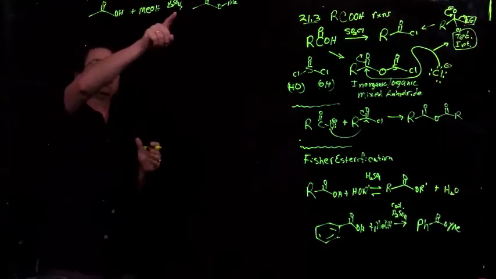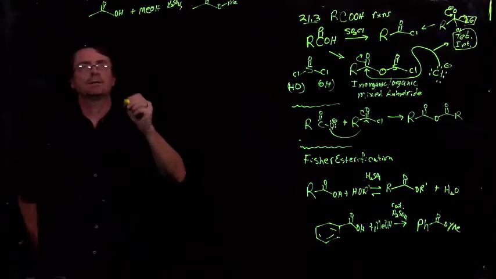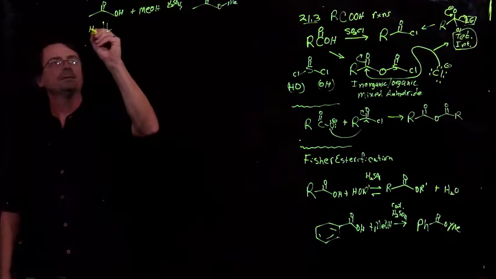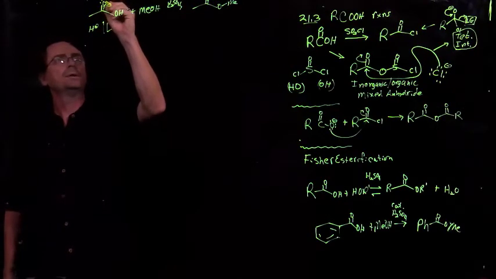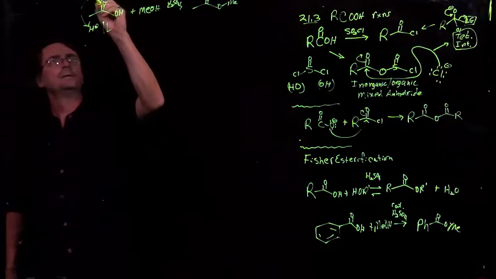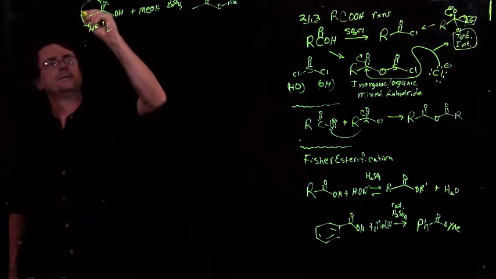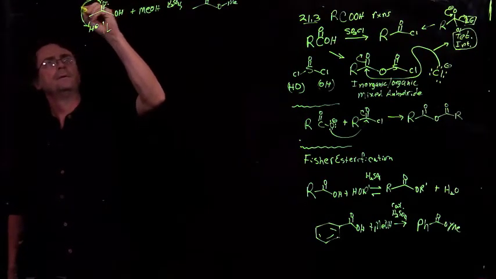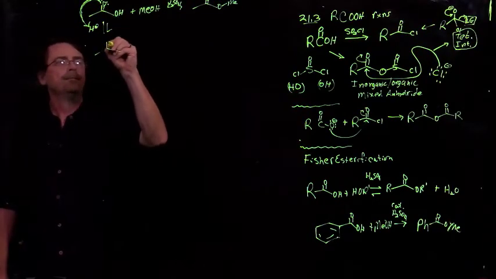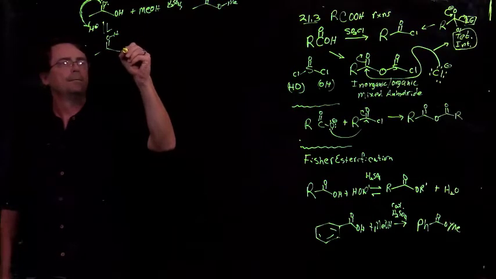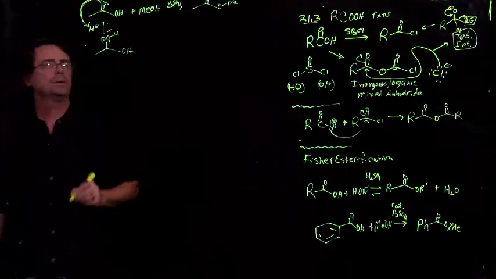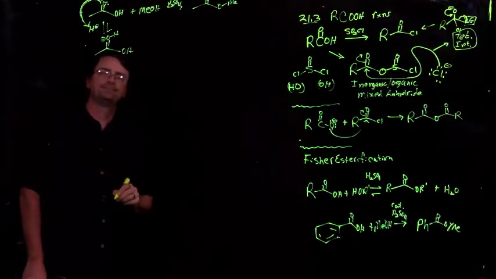Under acidic conditions, we produce acidic intermediates, and sulfuric acid is a strong acid, and it will be in equilibrium with protonating the carboxylic acid.